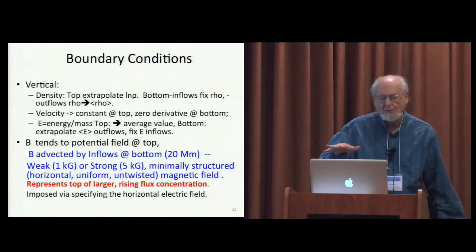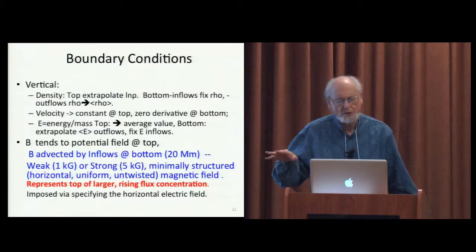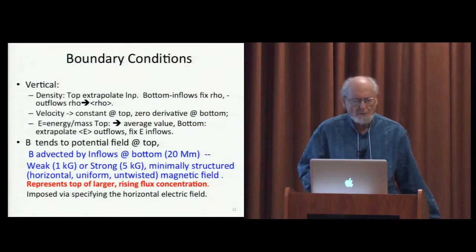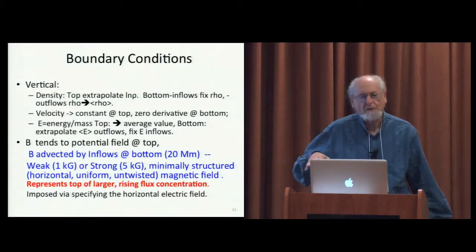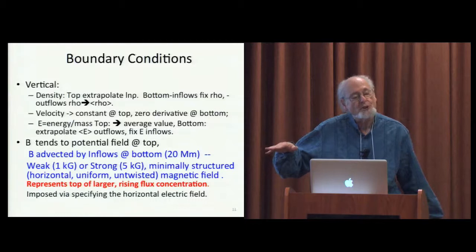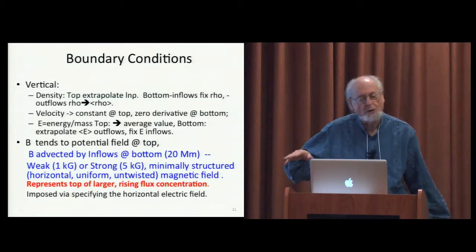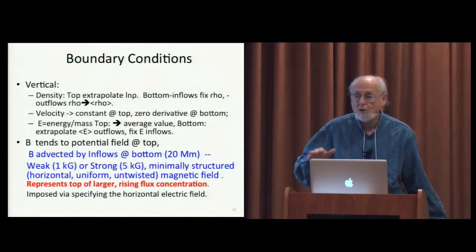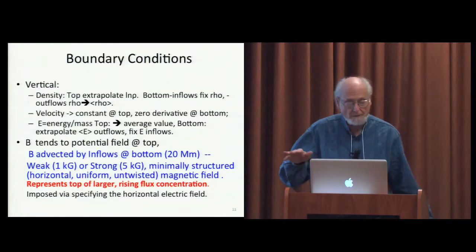And these are at the bottom of our domain, which is 20 megameters deep. And this domain is only about 10% of the thickness of the convection zone, but it includes 2/3 of the scale heights. So we're including most of the stratification effects.